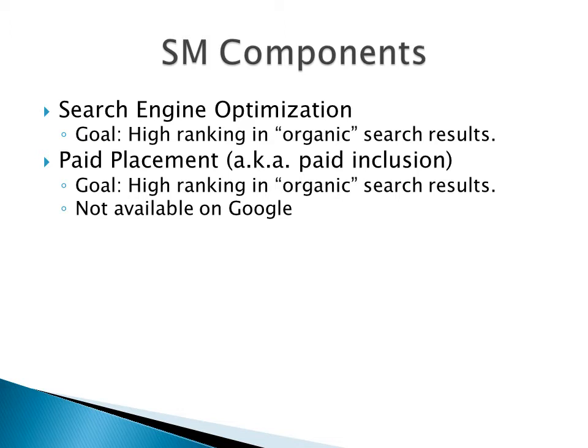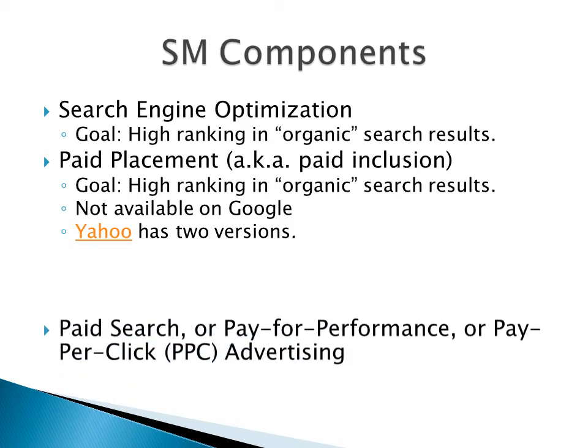Another way of saying that is the unpaid search results that Google has. Yahoo has two versions of that, at least they did the last time I knew. I'm not sure what Bing has. I am not really too concerned about Yahoo and Bing for this introductory lecture because Google dominates the market.